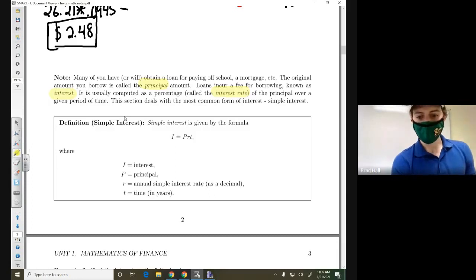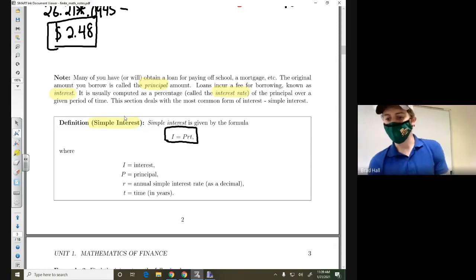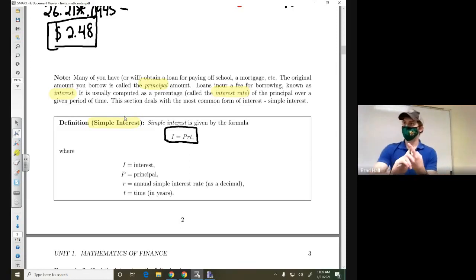So simple interest, our first formula in this class, how exciting, is given by I = P times R times T. So if you know the principal, the original amount, you know the rate, which is going to be a decimal, like we did in the previous problem, and T is time, then multiply all those things together, there's your fee. That's it. Very basic, very simple, in other words.